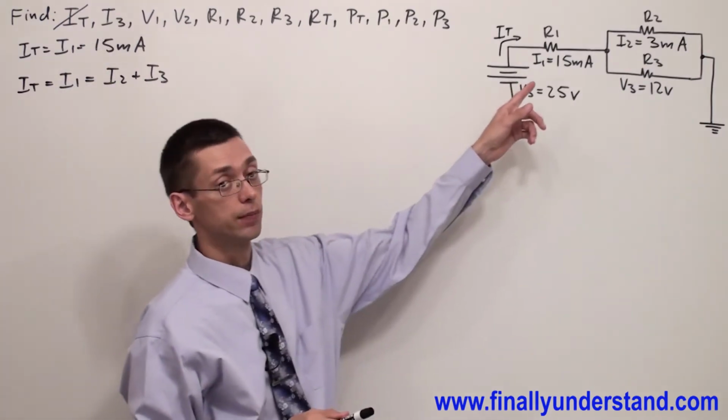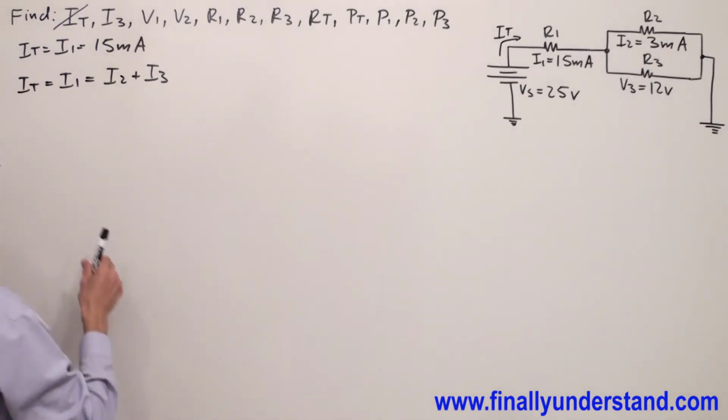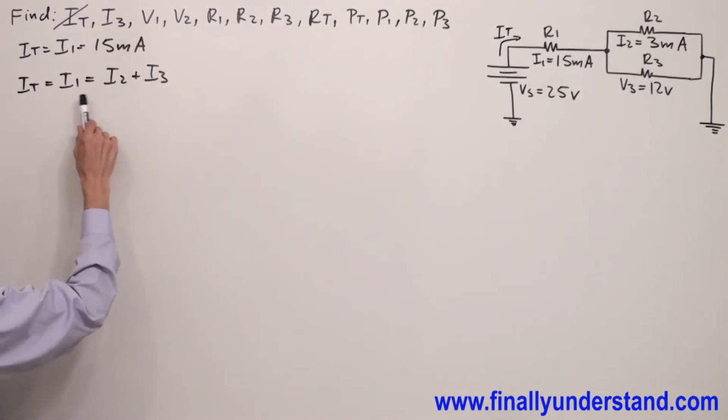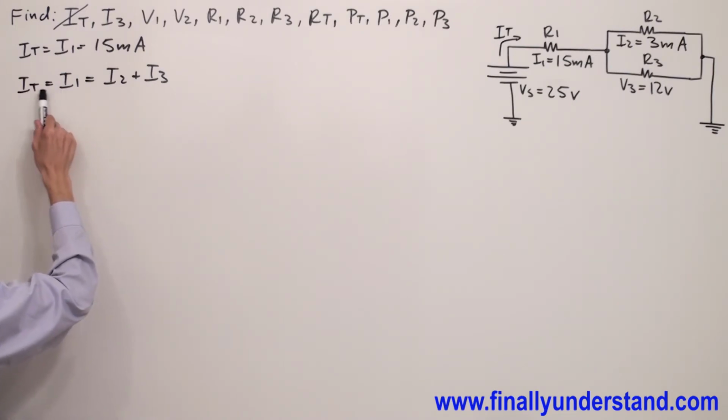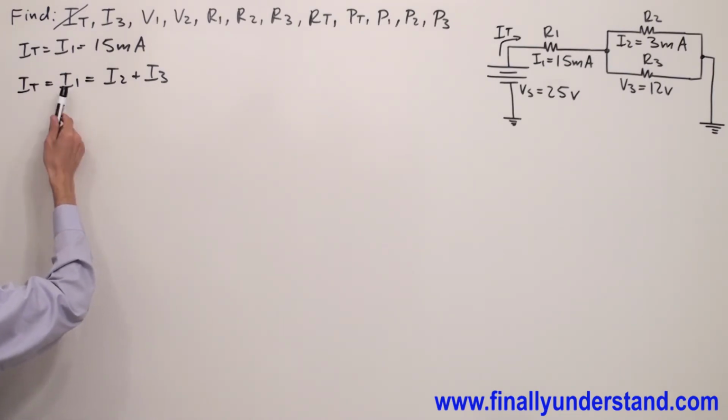I2 is given. So if you are going to solve this formula for I3, don't forget that I total is equal to I1, so I can use I total or I1.